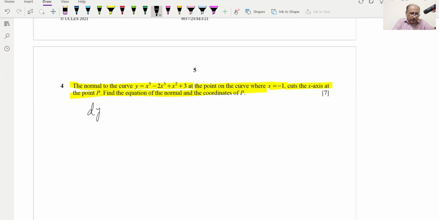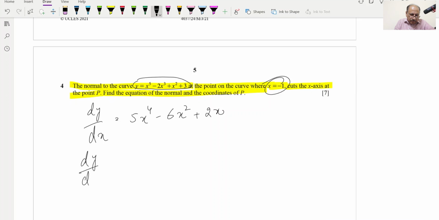So for the gradient we will be finding dy by dx, and dy by dx is equal to, we'll take the derivative of this one, it will be equal to 5x raised to power 4 minus 2 into 3 will be 6x raised to power 2 plus derivative of x square will be 2x and derivative of 3 constant will be 0. Now we can find dy by dx at x is equal to -1.